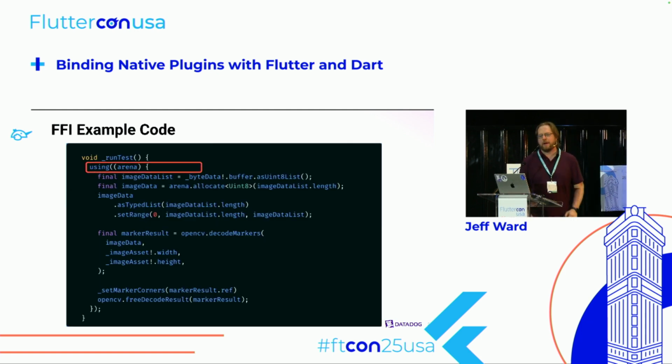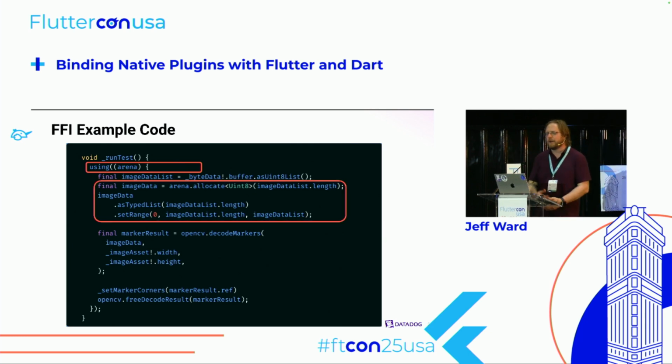One of the first things to point out is this using arena. When you're allocating objects or pointers to pass down to FFI, you are actually allocating memory and you need to delete it. And instead of having to remember to do that, FFI gives you this nice thing called an arena, where if you allocate out of that arena, it will automatically deallocate all of the memory you allocated at the end of the block. If you've ever used a using statement in C#, that's this.